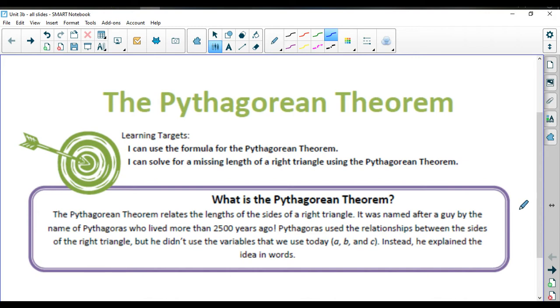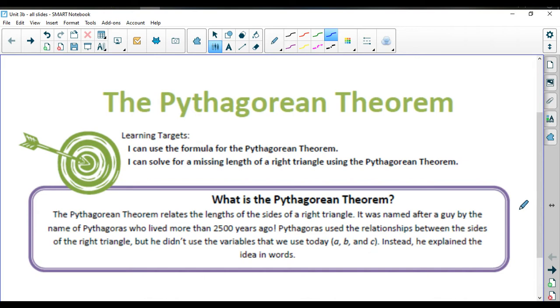What Pythagoras did was he realized that there was a pattern between the side lengths of a right triangle. He was able to figure out that if he took the two sides that were attached to the right angle, squared their lengths, and added them together, it would be equal to the square of the longest side, which was opposite from the right angle.